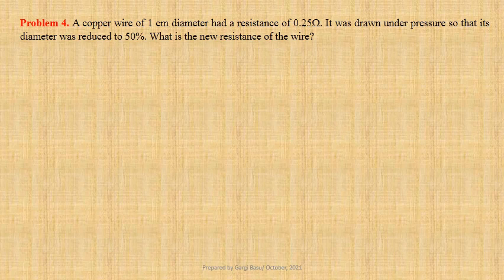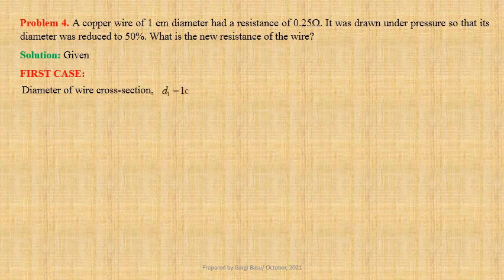Let us first write down the given data. First case, diameter of wire cross section D1 equals 1 centimeter, that is equal to 1 into 10 to the power minus 2 meter. Resistance R1 equals 0.25 ohm.